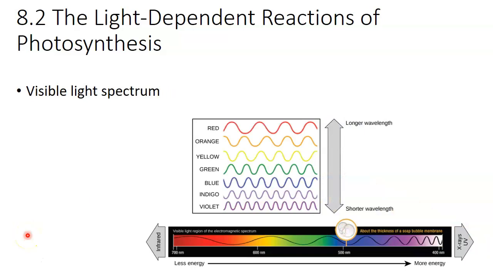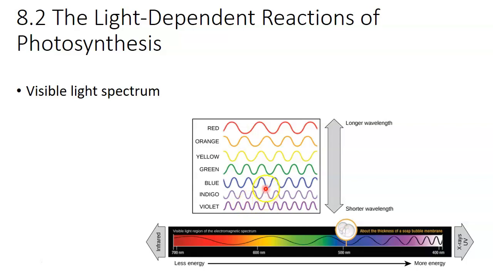So in this figure, it shows the different lights as part of the visible light spectrum, and it also shows their wavelength. And so the violet is going to have a shorter wavelength. If you look at the distance between two consecutive crests, they're pretty close together.